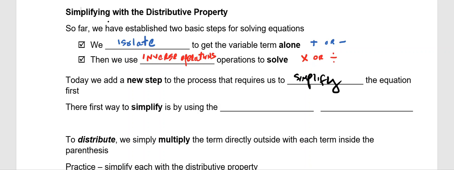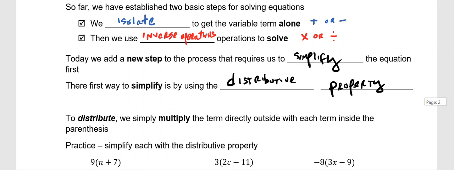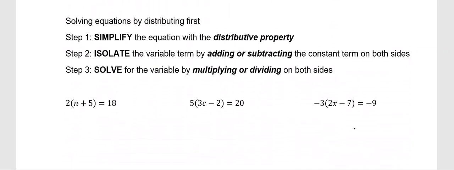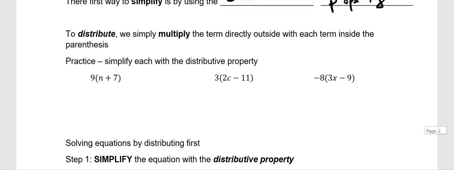And as I mentioned, and as you can see in the title of these notes, the first way we're going to simplify is by using the distributive property. So this is going to allow us to take an equation, like any of these down below, and with a little bit of work, not much, convert them to a two-step equation that should get us into the comfort zone of what we've been doing up until this point.